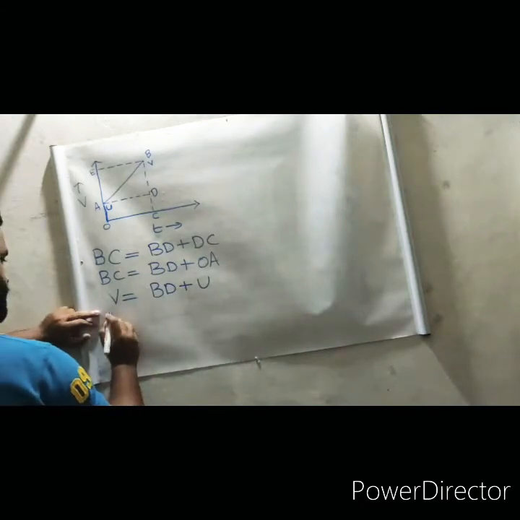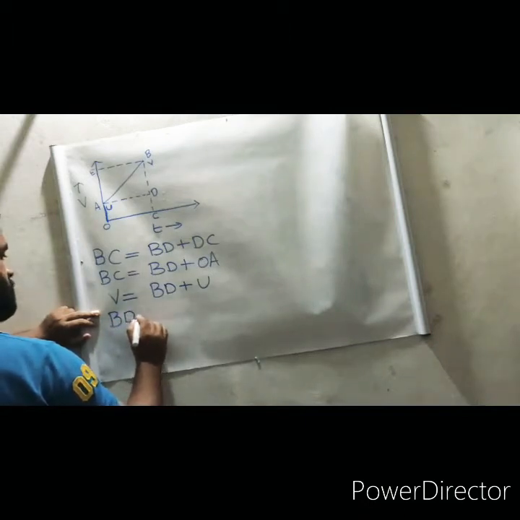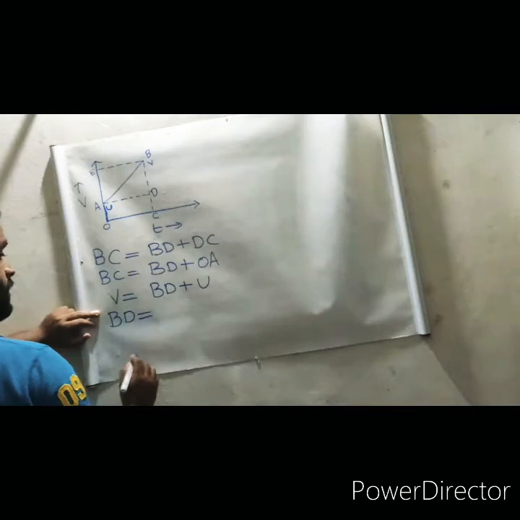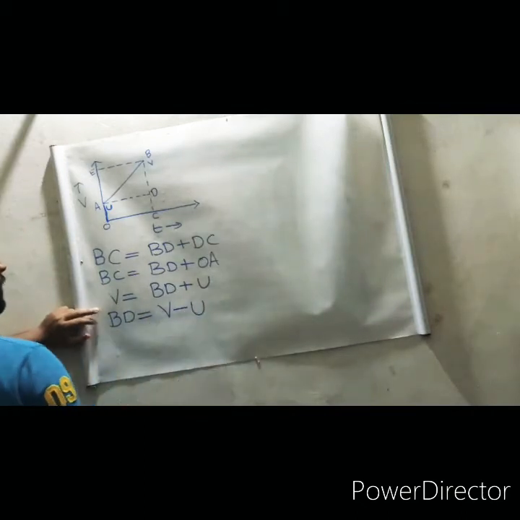From this we get BD is equal to v minus u.